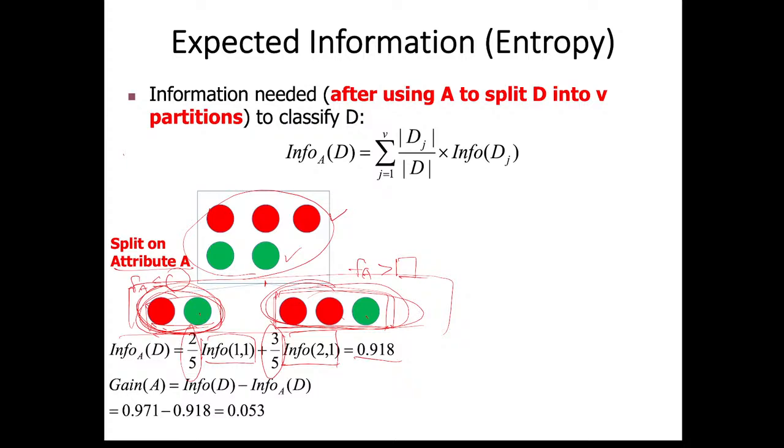For 2/5 of them, we have info(1,1). For 3/5 of them, we have info(2,1). So this is the amount of chaos after the split.